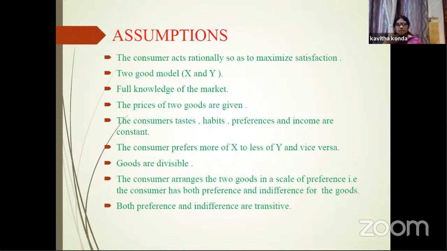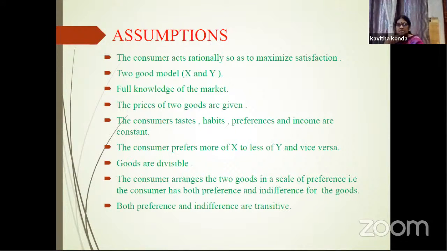Mostly, this is an ordinal analysis. Ordinal means, as I explained in the previous class, it is only possible to compare the satisfaction levels. We can compare the utilities, but we cannot measure the utilities in numerical numbers. We cannot say from a particular good I got 10 or 5 units of satisfaction or utility, but we can compare.